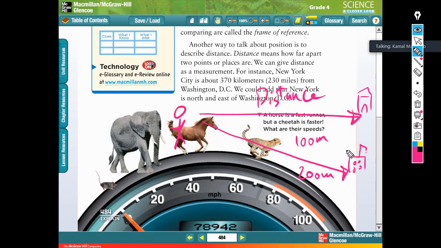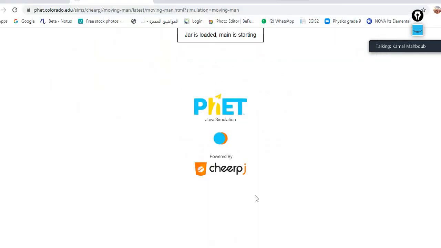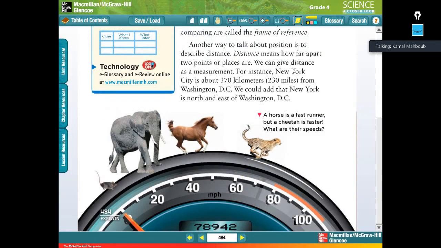But the school's distance from his home is just 50 meters. That is frame of reference, guys. If you are speaking about distance between school and home, it is just 50 meters. But boy and home, 100. And boy and school, 200. I hope my simulation works now. Not working yet, guys. Maybe I'll explain it in the next session, inshallah.